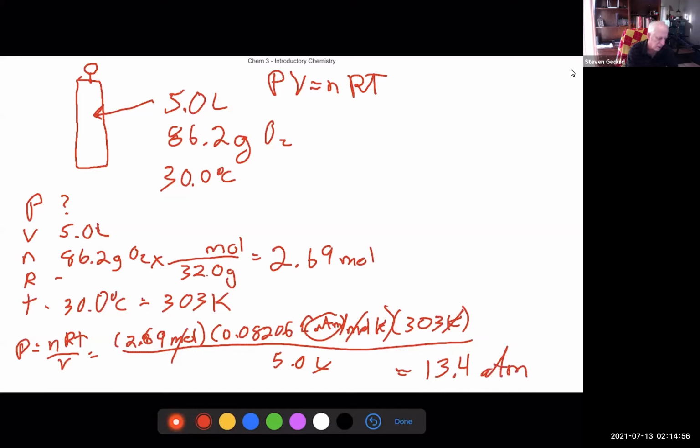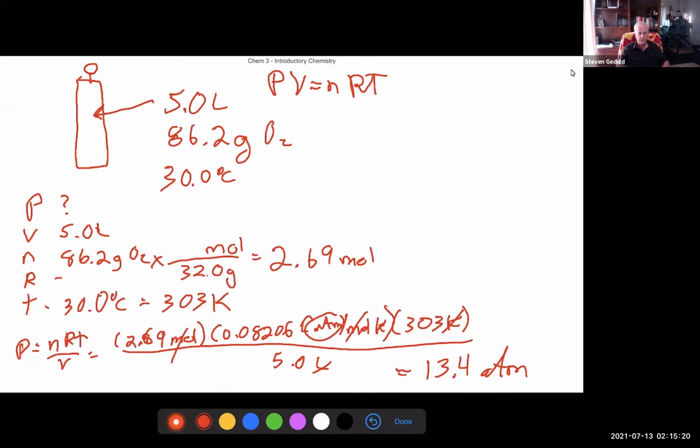So 13 times the normal pressure of oxygen at sea level, which is about right. So when you open the valve, the gas is going to flow into the patient's lungs at about 13 times the normal pressure and fill their lungs with oxygen.